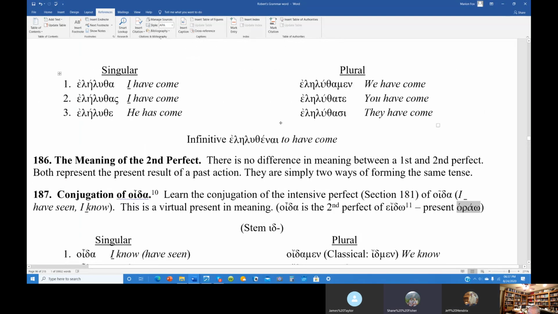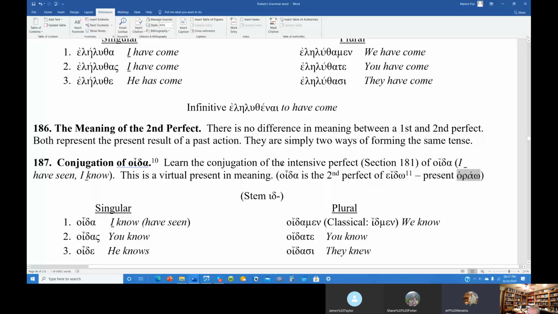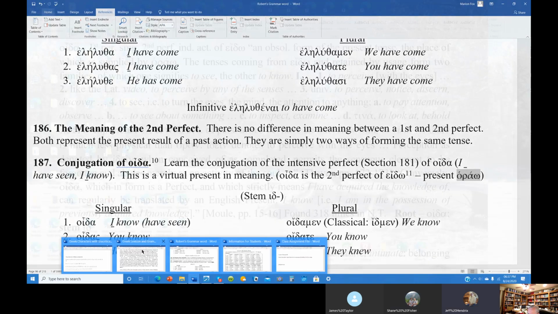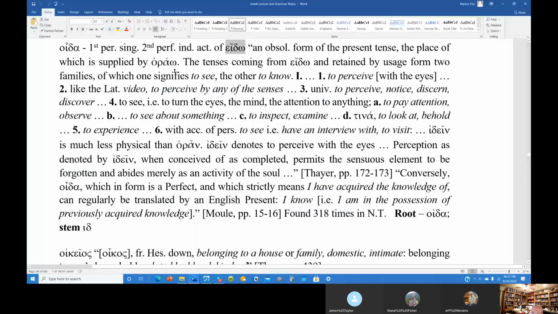So let's go back. Let's look at oida just a bit in the lexicon file that I sent you. Oida in the lexicon file is first person singular, second perfect, indicative active of eido. That's the word we said is obsolete. It's an obsolete form of the present tense, the place of which is supplied by horao.